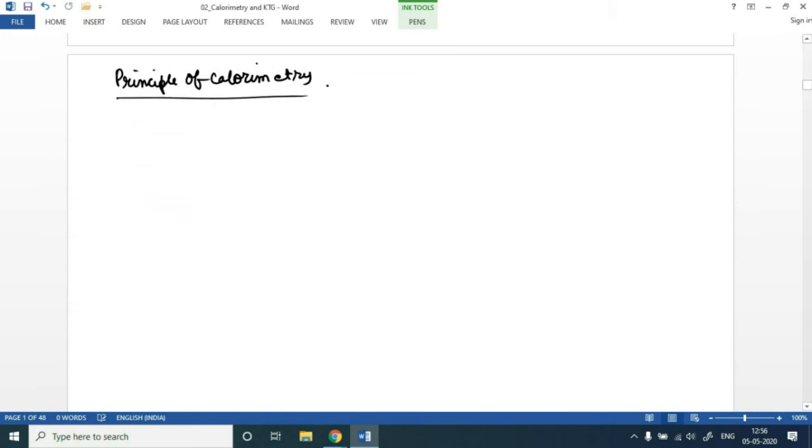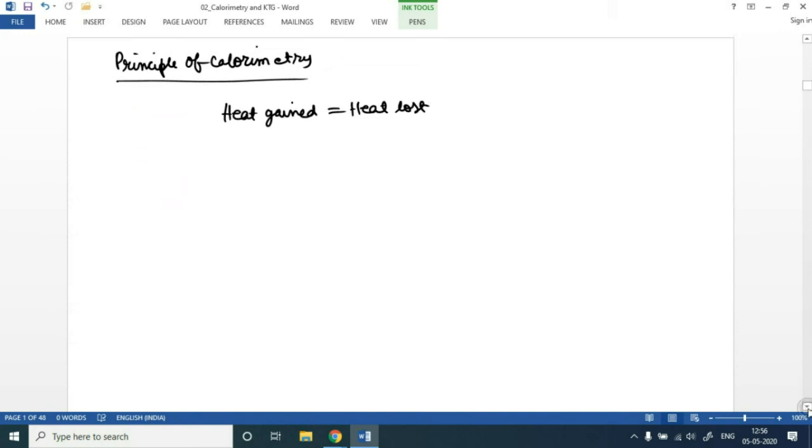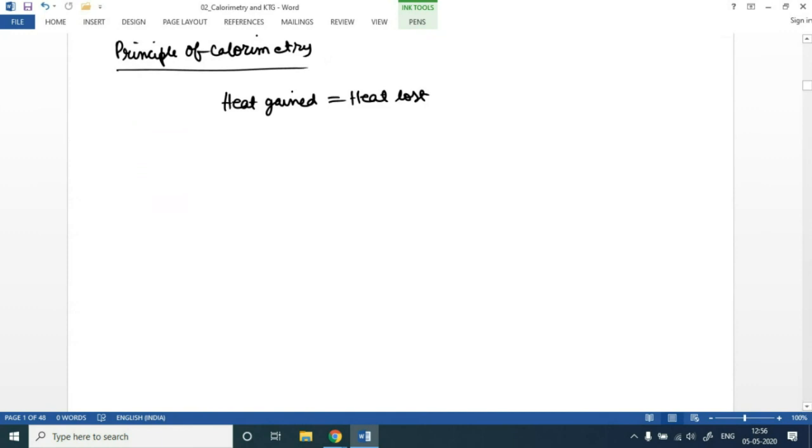So for a thermally insulated system, heat gained will be equal to heat lost. That's the idea, and let's solve a few questions regarding that in order to understand it better.